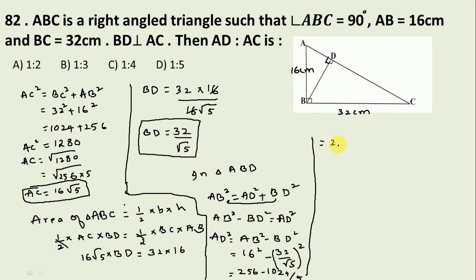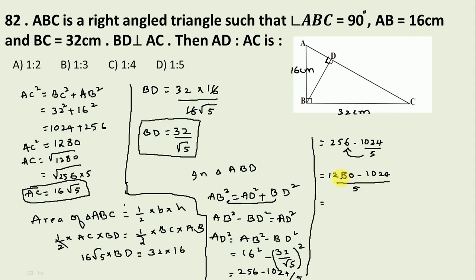So 256 minus 1024 divided by 5. We directly multiply 5 with this one: 256 into 5 is 1280, minus 1024, divided by 5.